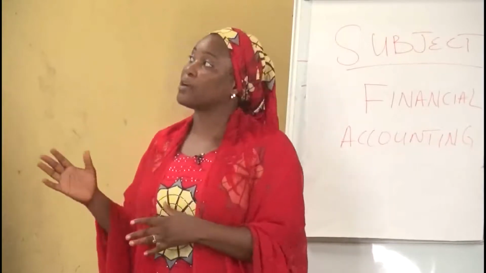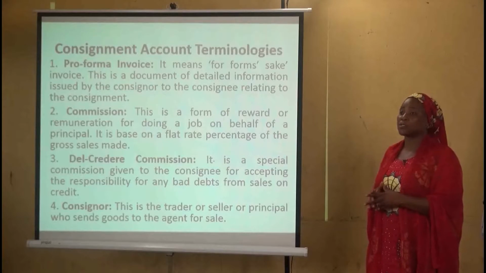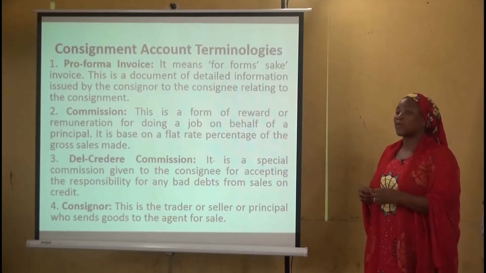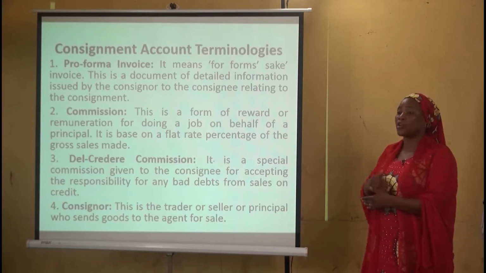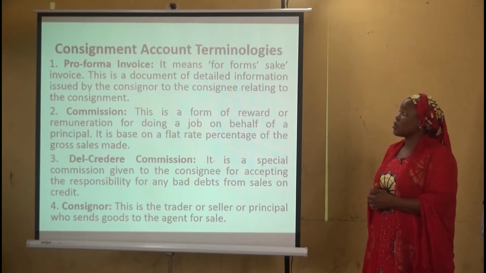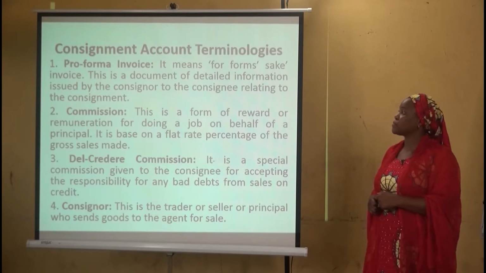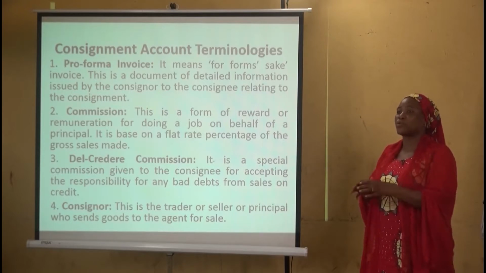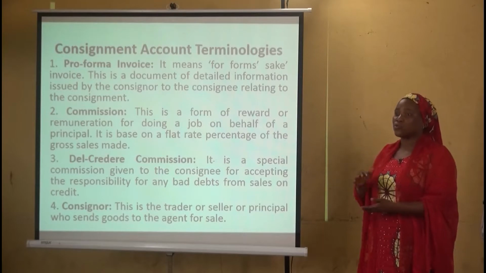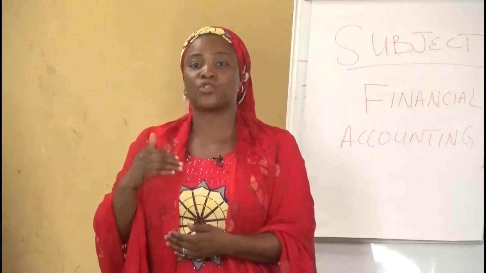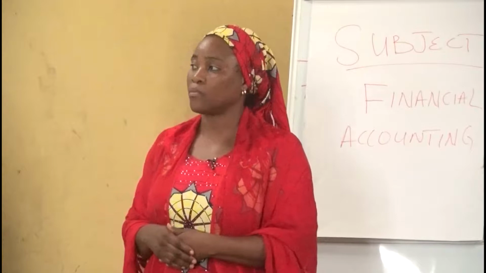I told you about the terminologies, where I gave you a pro forma invoice. An invoice is when there's a transaction of buying and selling, and details of what has been bought are written down. But when it comes to consignment, another name for the invoice is pro forma invoice, which means for form's sake, where the detailed information about the goods is written. You write them down and send them to your consignee.